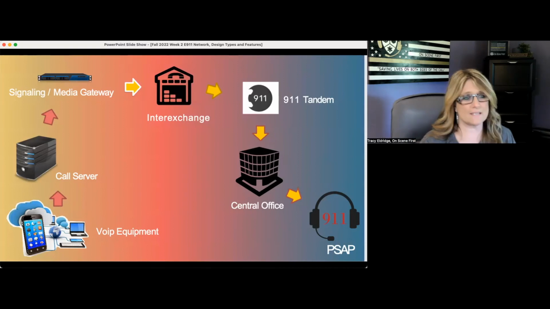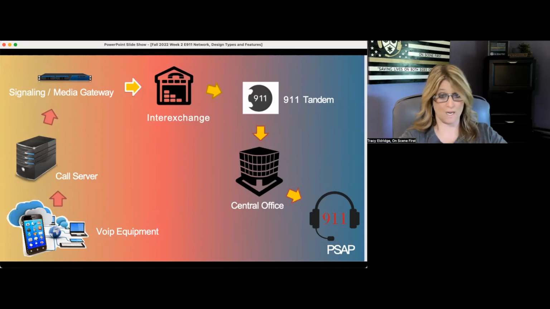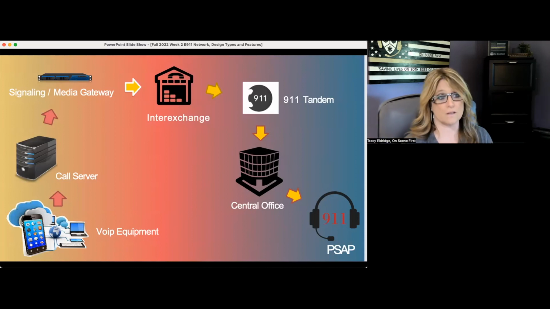The gateway is usually a place where there's some type of exchange or change in the way the phone call is being maneuvered through the system. So you need gateways to take an NG system and integrate it with a legacy system, and vice versa.